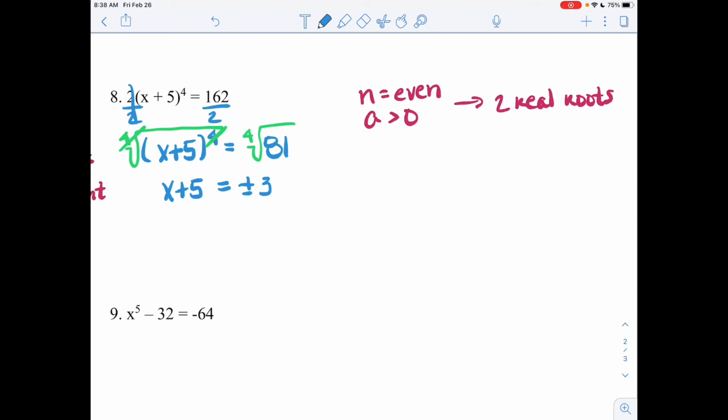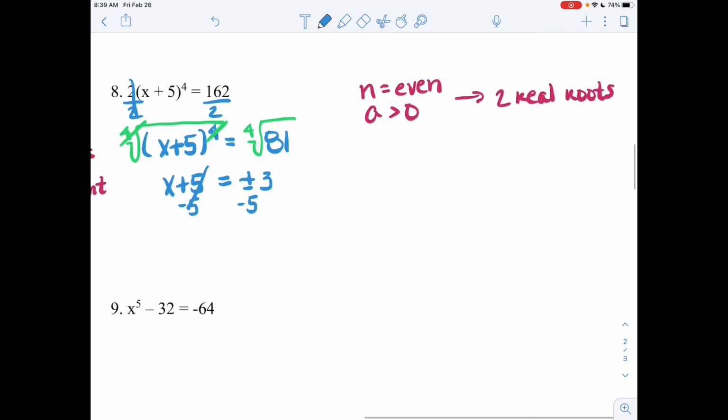I really don't care what x plus 5 is. I want to know what x itself is. And so in order to find that, I need to subtract 5 from both sides. So this is going to leave me with x on one side and negative 5 plus or minus 3 on the other side. And so we want to break that into the 2 separate pieces.